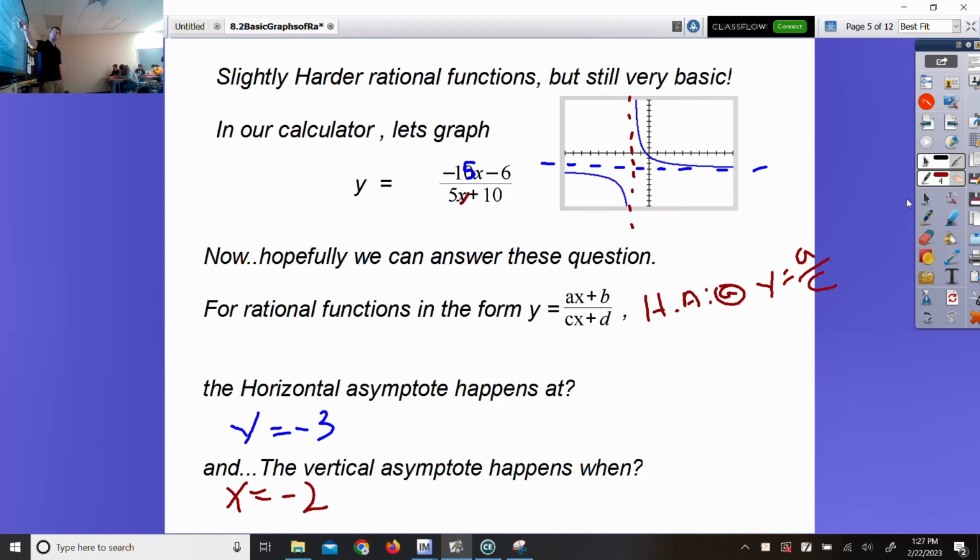That's picking on these numbers right here, if you can line up with that form. And if you do -15/5, what do you in fact get? You get -3. The y value would be -15/5, which is -3.